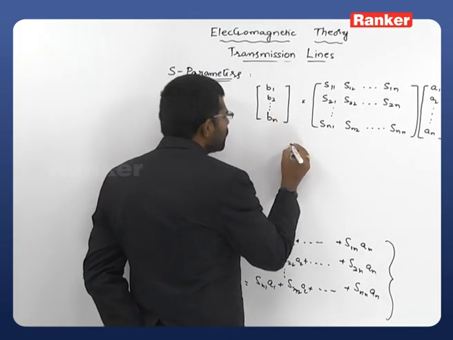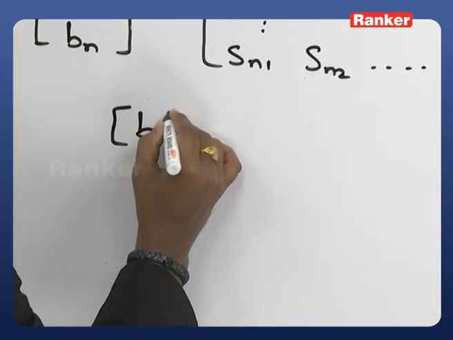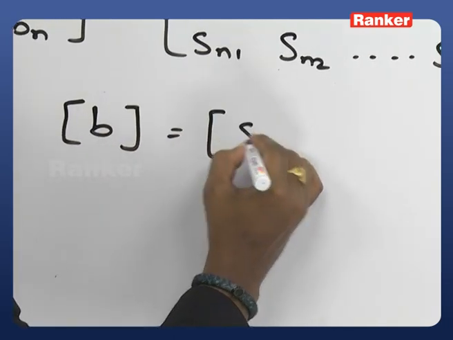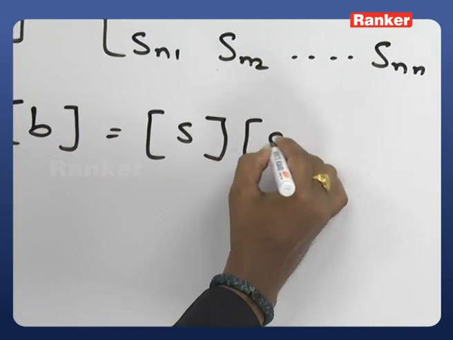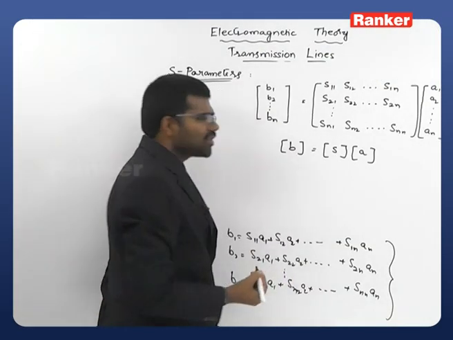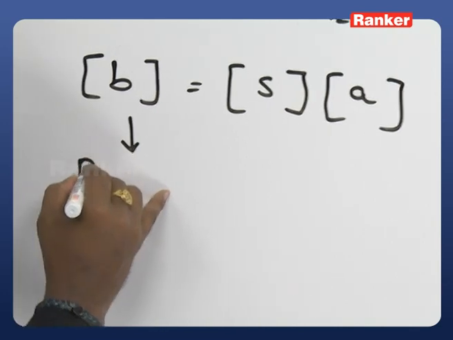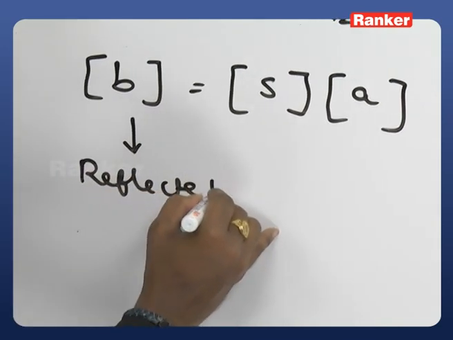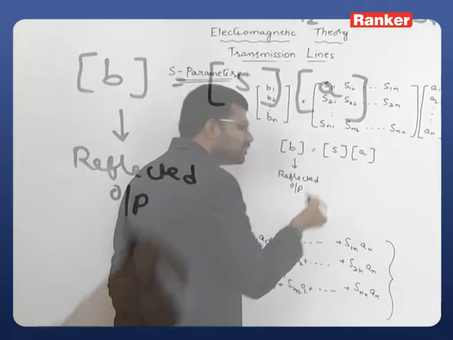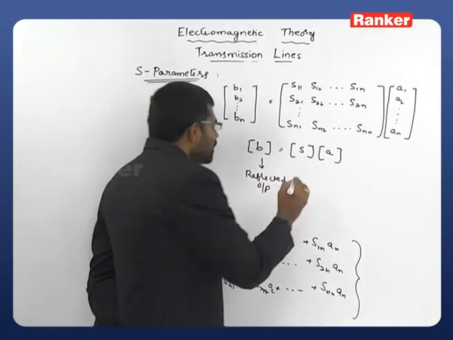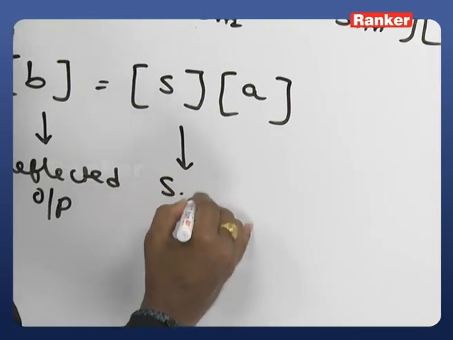So in short form, this can be written as B equals S into A. Now what is B equals S into A? Clearly, B is a matrix which consists of all reflected or scattered outputs. S stands for S parameters.